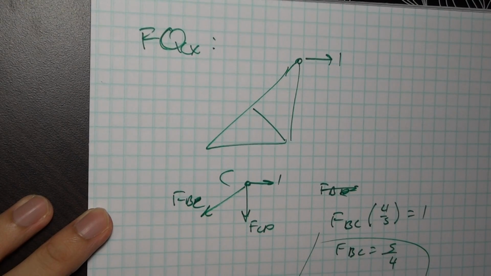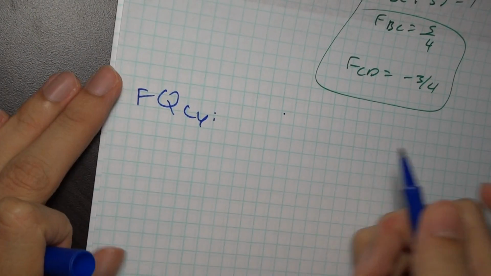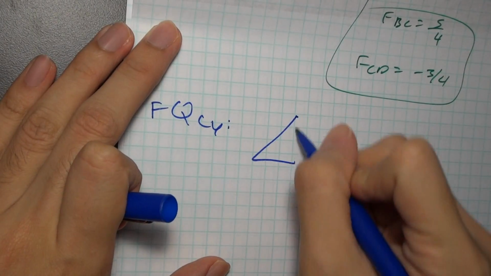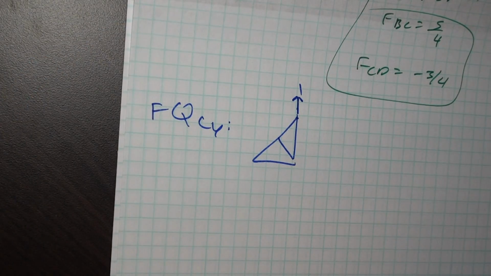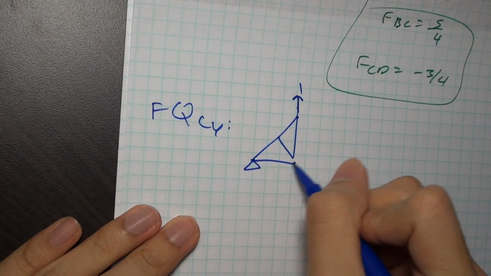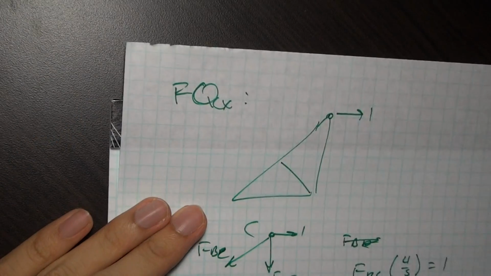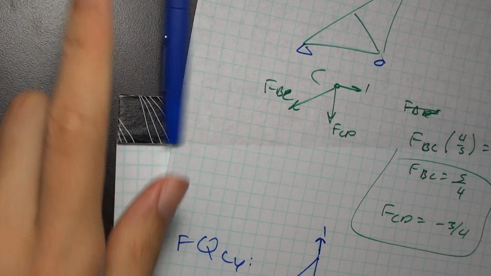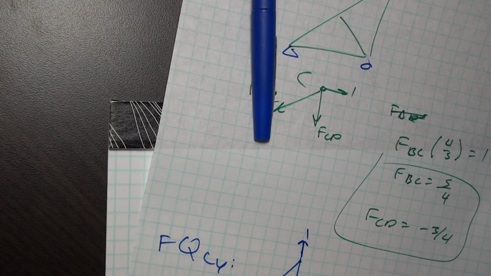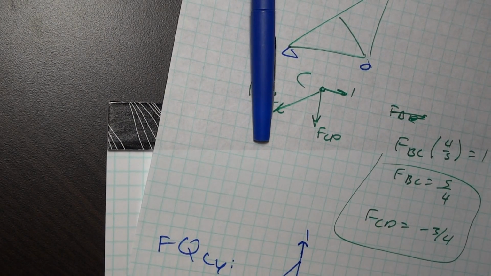So for FQCY, I would do this. And for FQDX, I would do this.